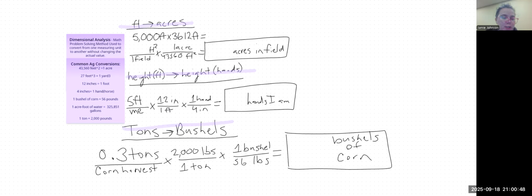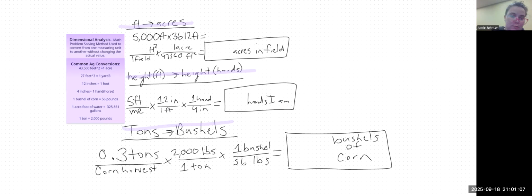An acre foot is one of those odd measurements where it's how much water fills up an entire acre with a depth of 1 foot of water.